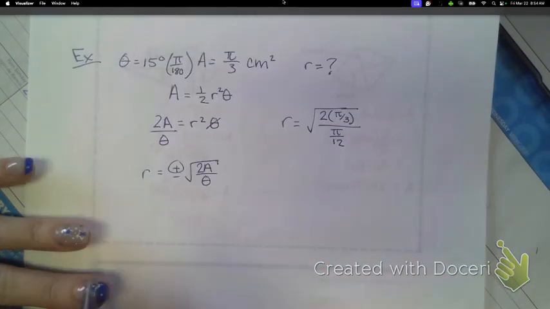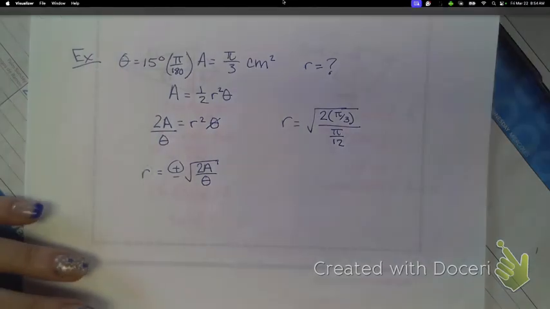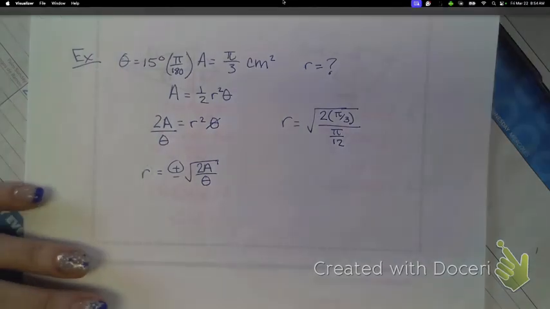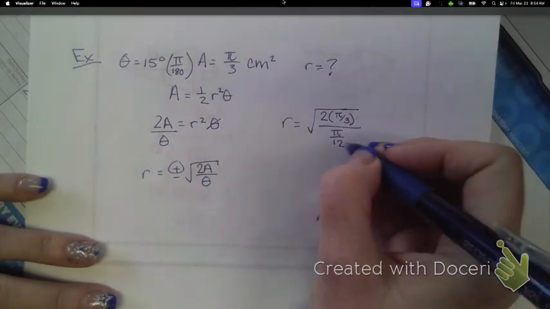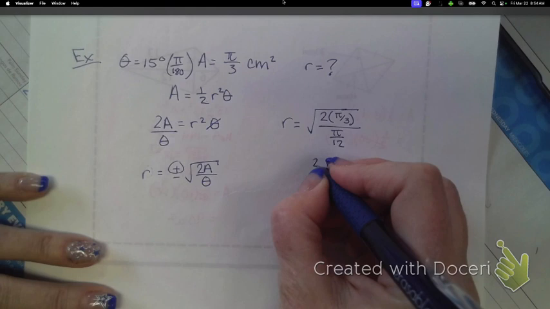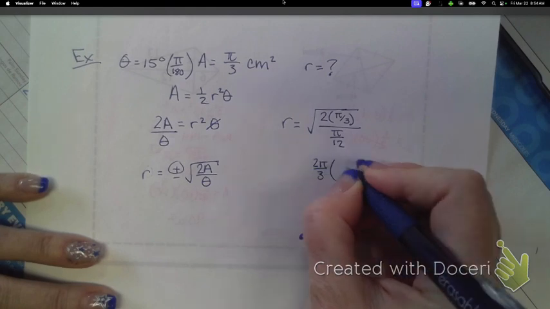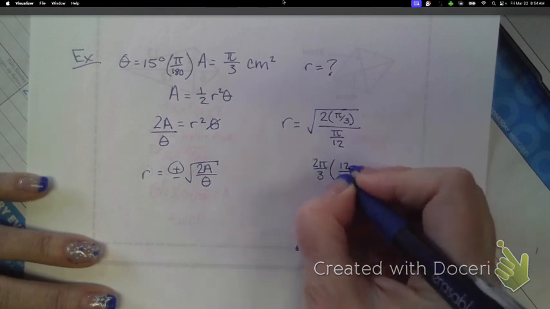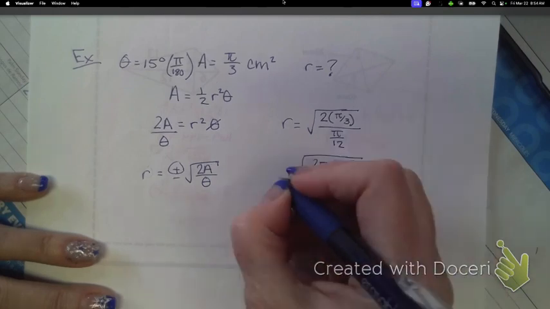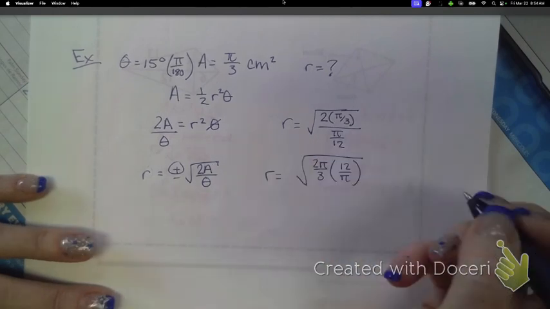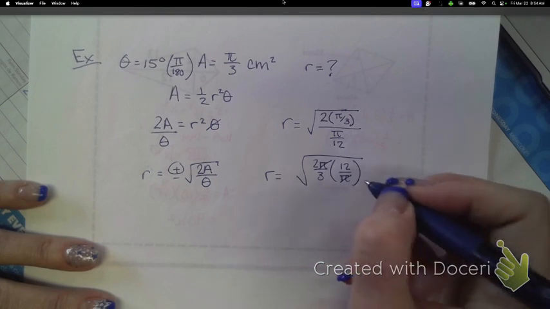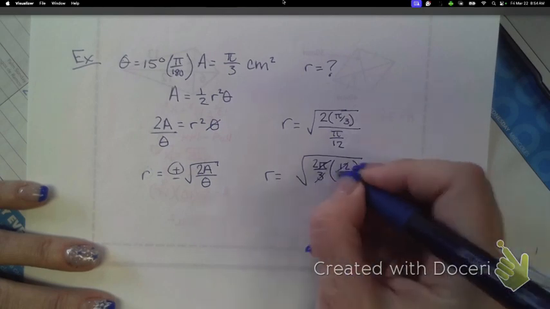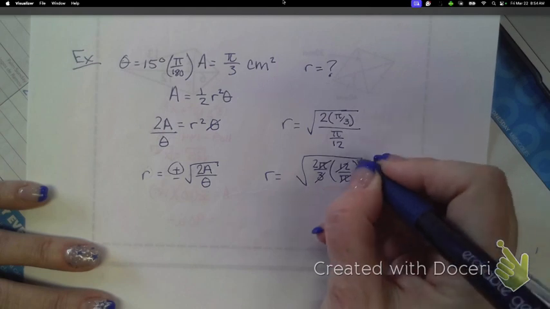But if you know 30, you should be able to figure out 15. Okay. So I have to multiply by the reciprocal. So I have 2 pi over 3 times 12 over pi, all square rooted. So the pi's reduce. 3 goes into 12 four times.